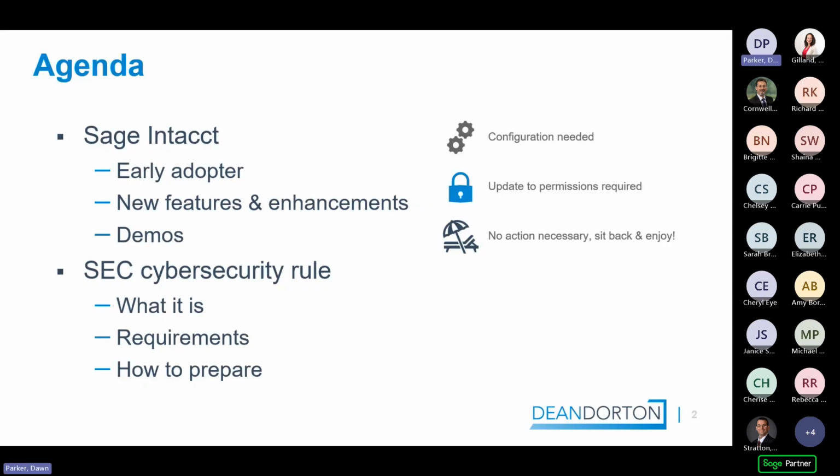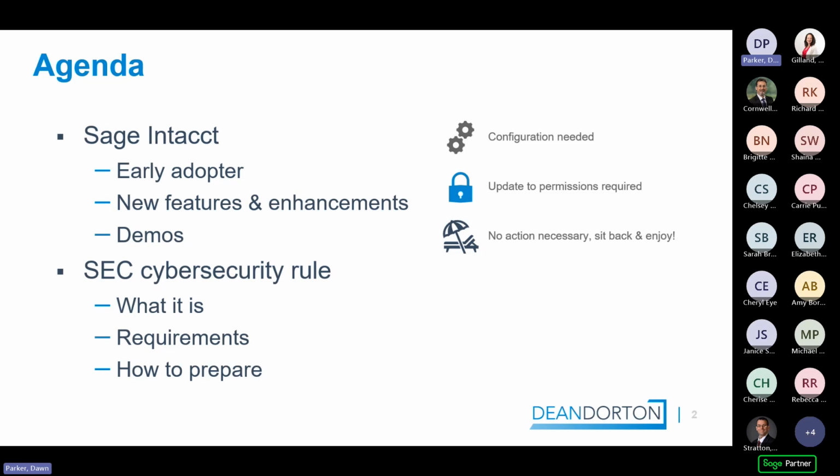Well, thank you everyone for taking time to join us this afternoon. As she said, my name is Dawn Parker. I'm one of the software services managers here at Dean Dorton, and I'm very excited to share with you today the 2023 release 3 offerings for Sage Intacct. As you will notice here on our screen, you have 3 icons that you will see throughout the presentation.